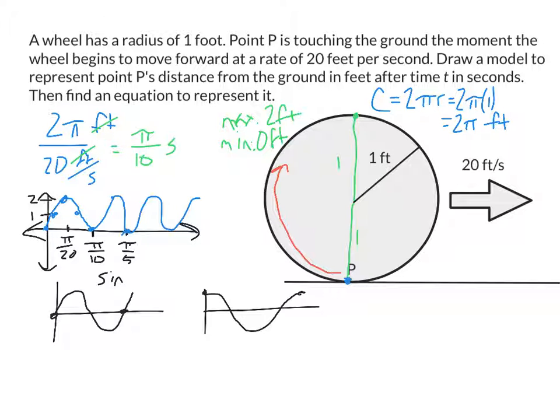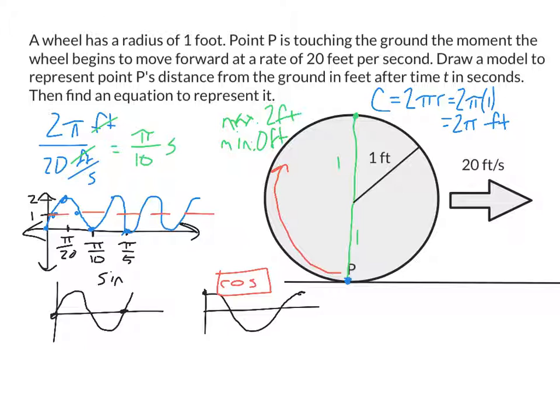And so what I think we have here is, because our midline is right there, we're not starting on the midline, so I think we have cosine. Now sine and cosine are very close to each other in what they look like. Sine is simply a shift of cosine, or cosine is simply a shift of sine. So if you pick sine, that's fine, but you would have to shift it.